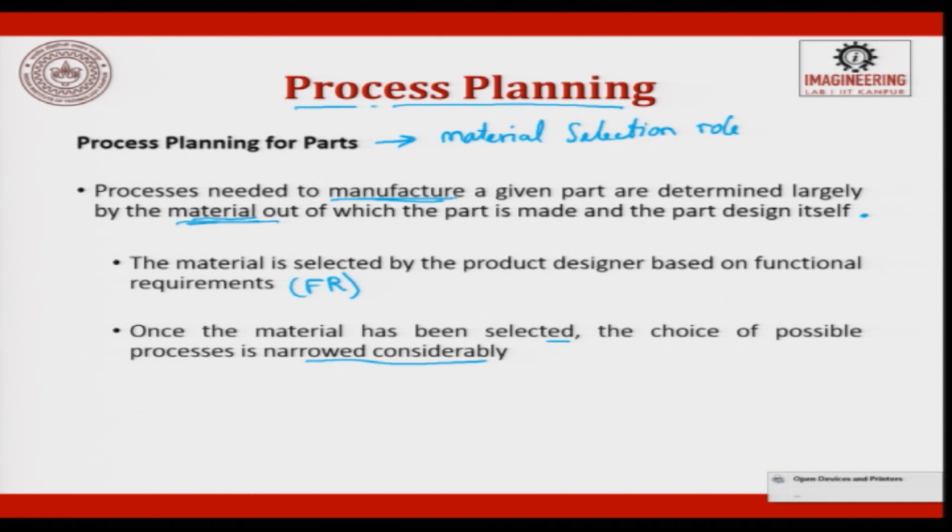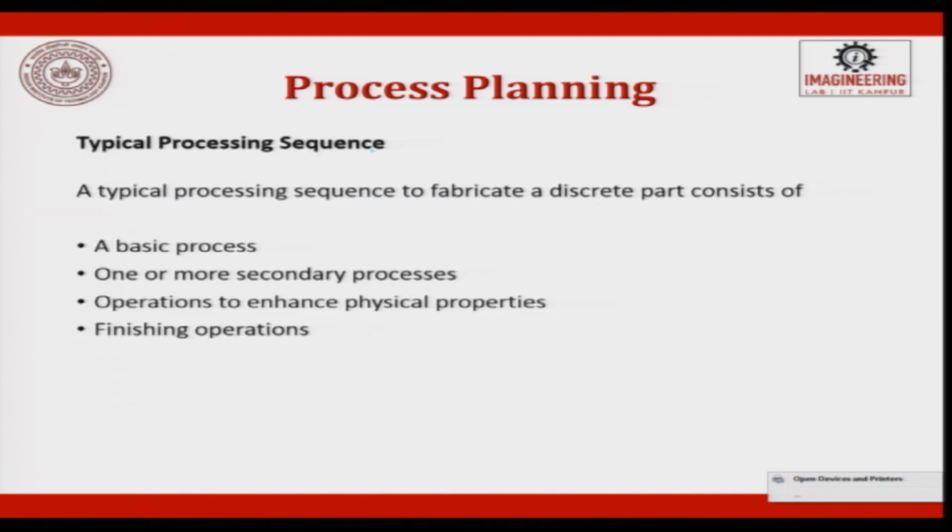The moment the manufacturing is identified, there is not much change in your process plan. So, the typical processing sequence first will be a basic process. Then we do one or more secondary processes. Then operations to enhance physical properties, and finishing operations.